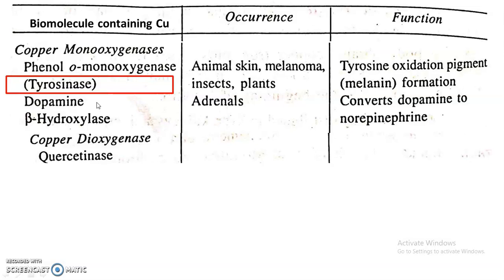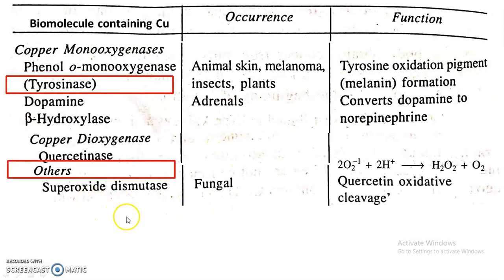It is responsible for the formation of pigments in plants and even in animals, and therefore it affects skin pigmentation. Major sources of tyrosinase are animal skin, insects, melanoma, plants, adrenals, etc.